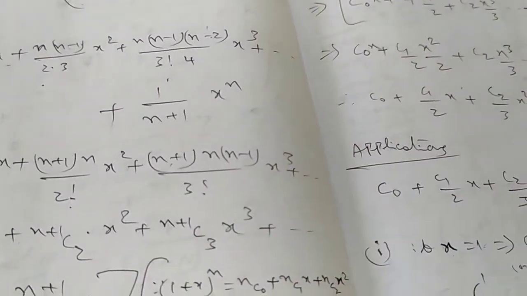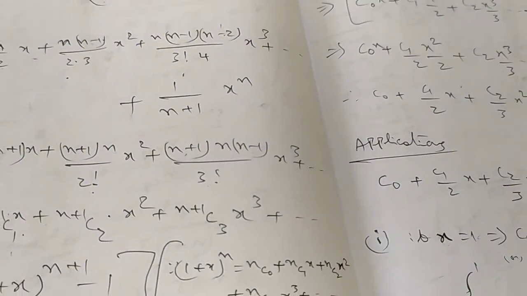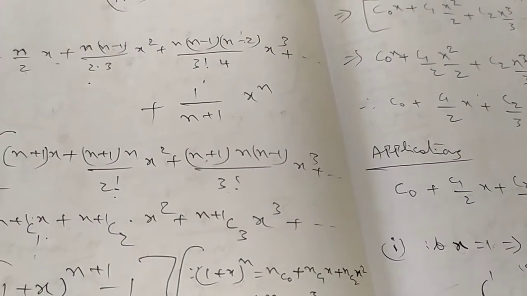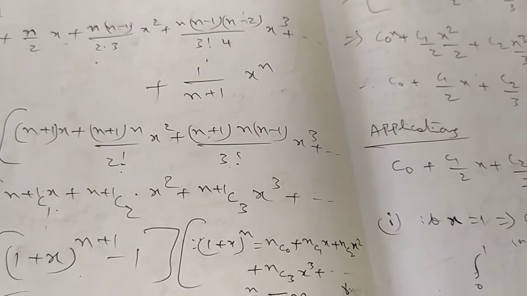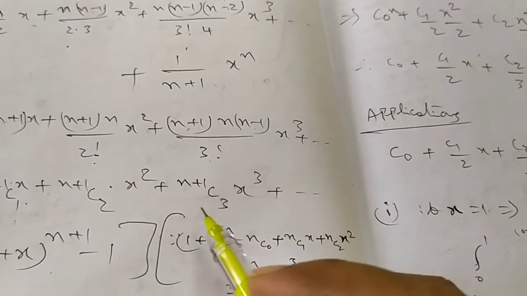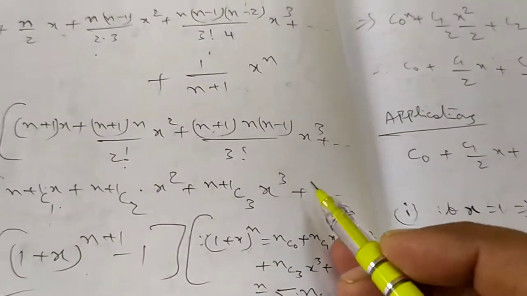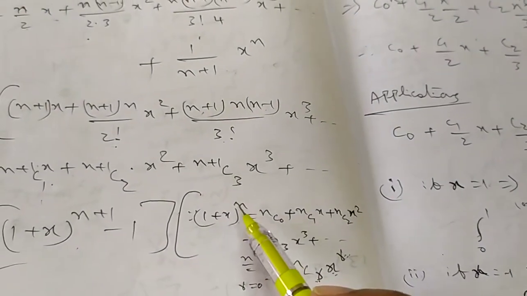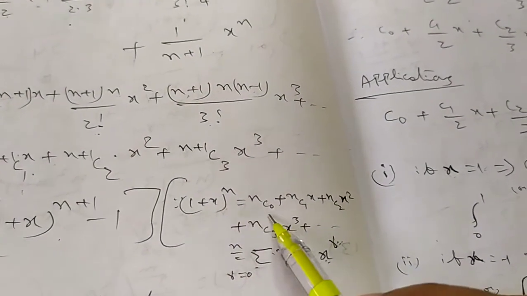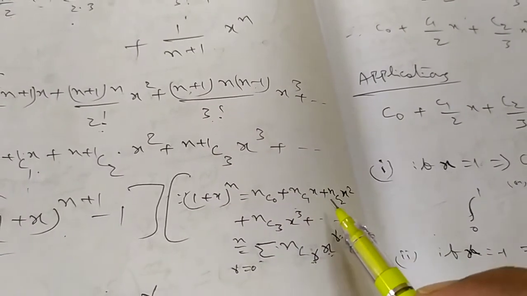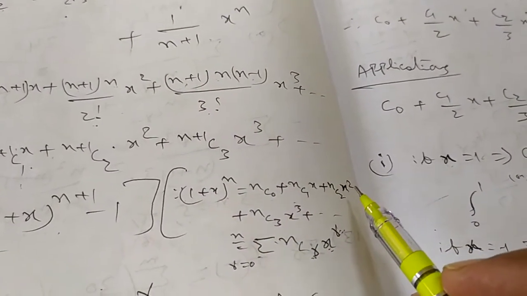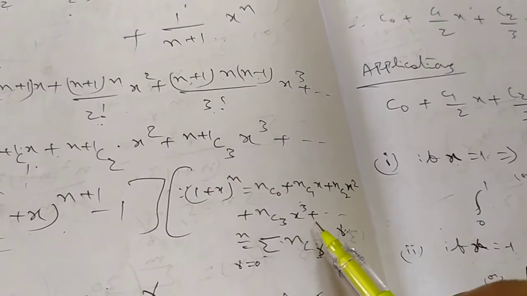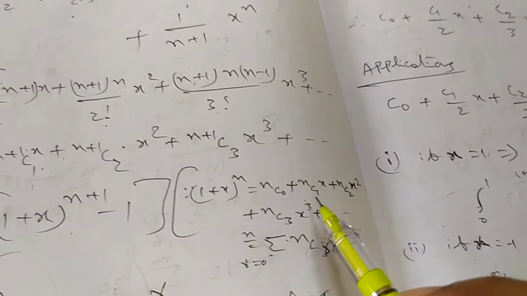Then you can understand this one. n plus 1 C3 x cube and so on. So the formula for (1 plus x) whole power n is nC0 plus nC1 into x plus nC2 into x square plus nC3 into x cube plus and so on.